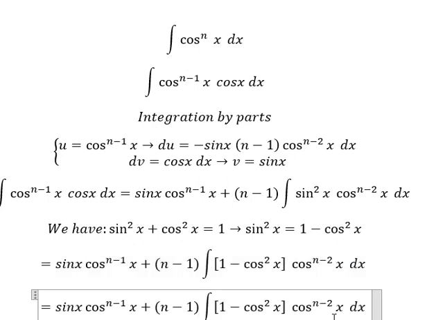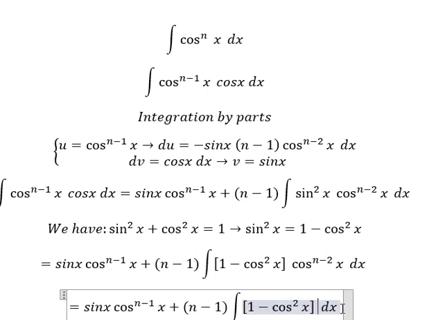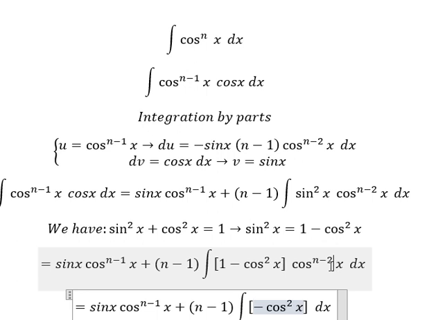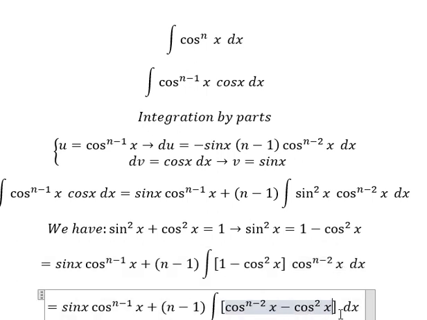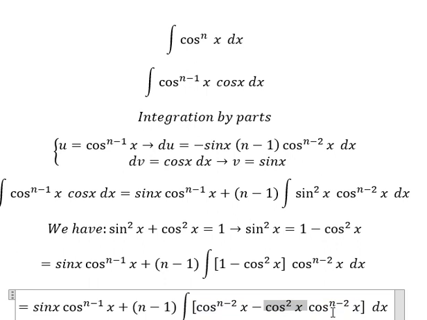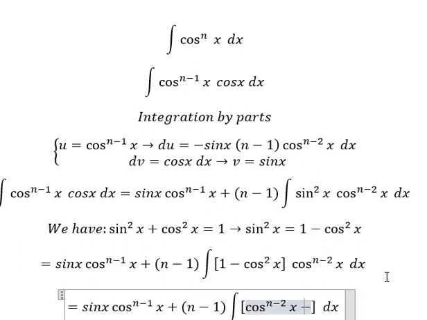And now this one is multiplied by number 1 and negative cosine x squared. And that should be like this. So we simplify, number 2 minus number 2, you get number 0.